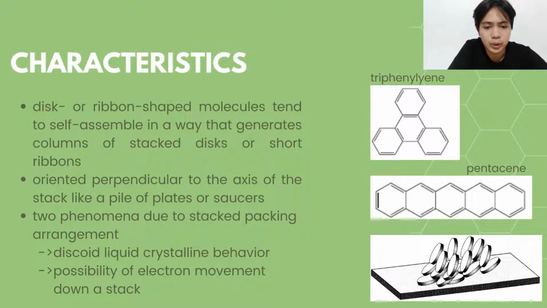The third image shown on the screen is a schematic presentation of the tilted hybrid orientation of the pentynes on photoaligned azobenzene layers and of the star oligomers on rubbed polymer orientation layers. A stack packing arrangement has the potential for two phenomena to manifest. First is discoid liquid crystalline behavior, and second is the possibility of electron movement down a stack.